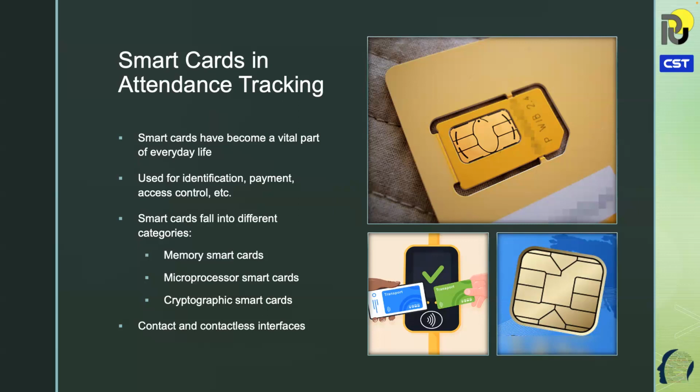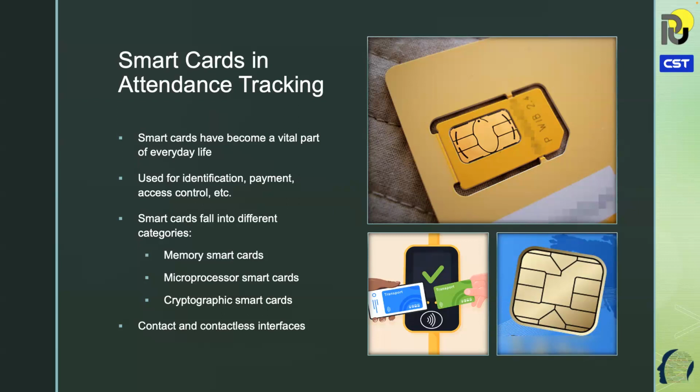Smart cards fall into different categories, which determine their functionality, their pricing, and so on. Memory smart cards are the simplest. They can only store a certain amount of data. Microprocessor smart cards are a little bit more complicated. They basically contain a tiny version of a computer system inside them.